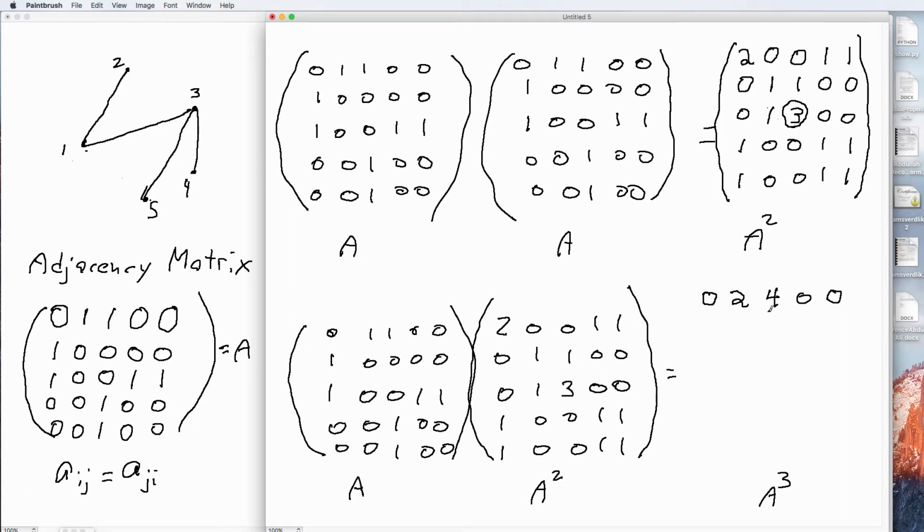If I can go from 1 to 3 in 4 ways. 1, 2, 3. Ah, I think I see it. I can start 1, 2, 3. That's one way. 1, 2, 3. That's 2 ways. 1, 2, 3. That's 3 ways. And then 1, 2, 3. That's 4 ways. All right, that works.